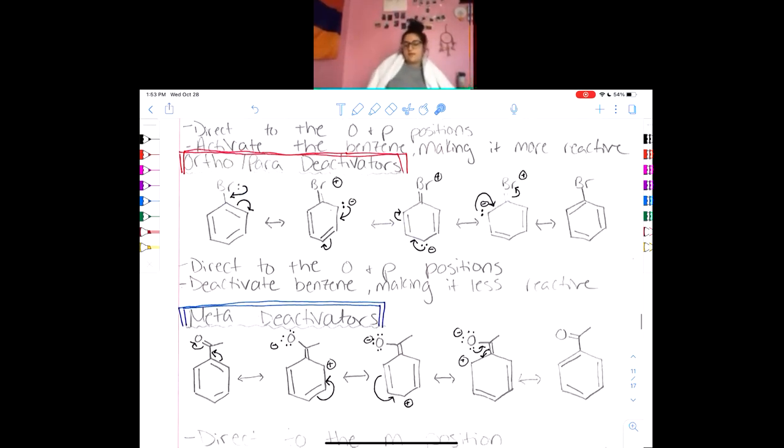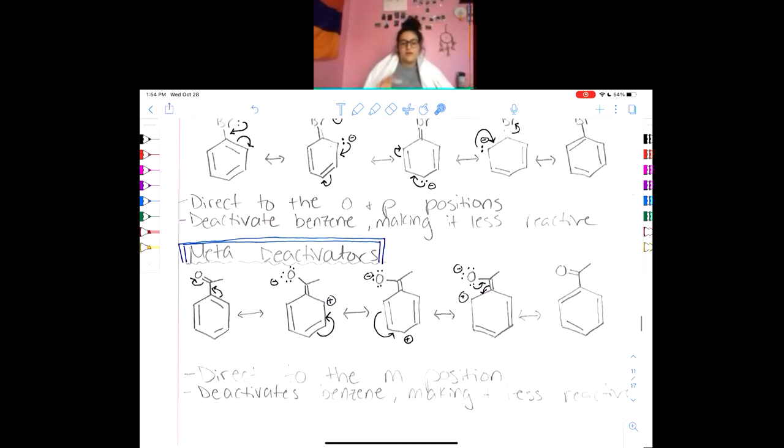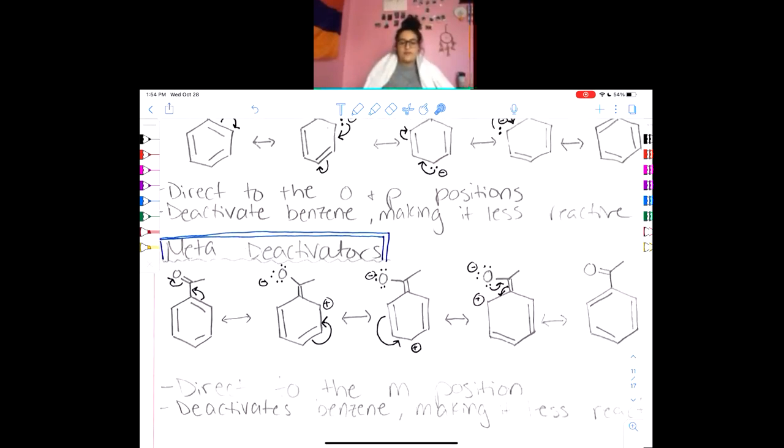And then in this case, I used a deactivator that's not a halogen, so just a carbonyl, for example. And when you do the resonance, it's kind of the opposite of what we did for alcohol. Now the electrons are going away from the ring, and instead of getting a negative charge in the ring, we get a plus charge. And so the plus charge will be on the ortho and para positions.